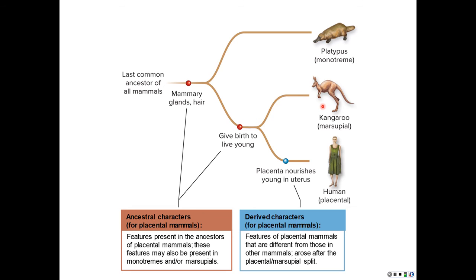So these homologous traits might be ancestral, which means they were possessed by the common ancestor and all the descendants.